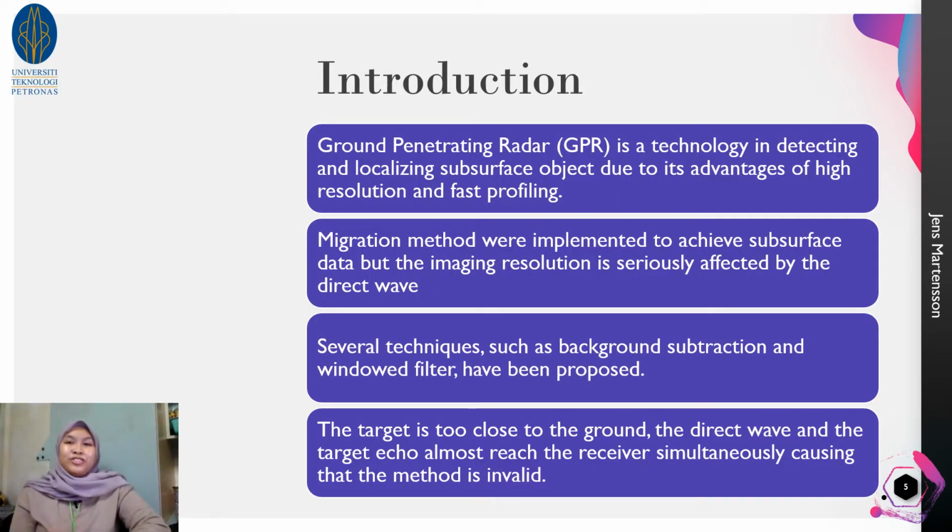The purpose of this introduction is to introduce the purpose of the experiment done by the researchers. So this is a summary of it. First of all, ground penetrating radar, or GPR, is a technology that helps detect and localize subsurface objects due to the advantages of high resolution and fast profiling.